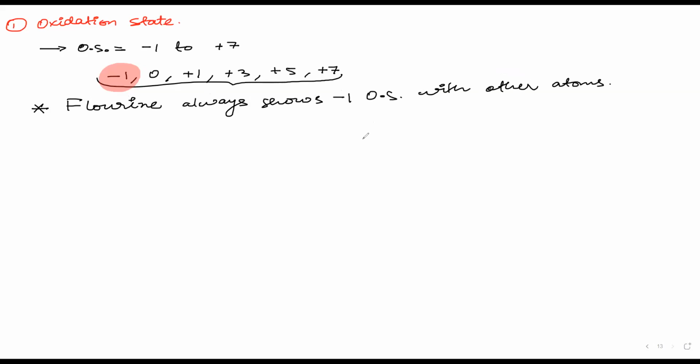Even in F2O, fluorine will have -1 oxidation state. It will not show any positive oxidation state due to its highest electronegativity. The other halogens can show -1 to +7.